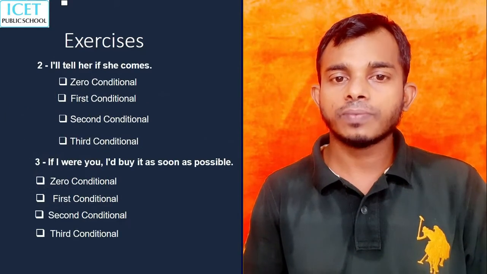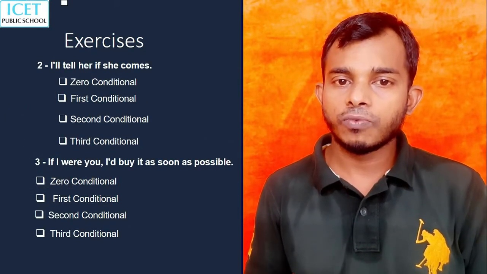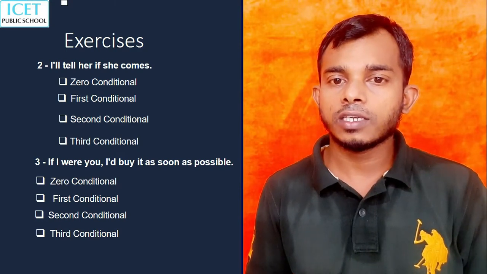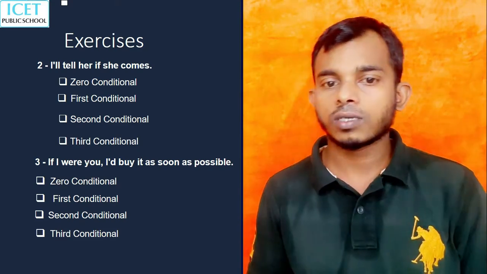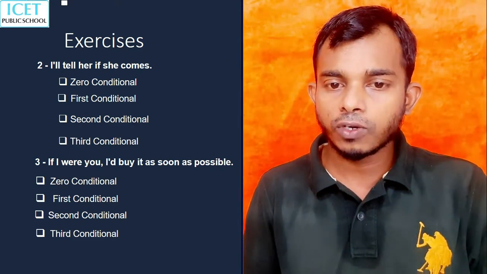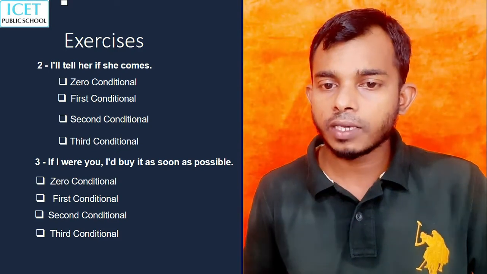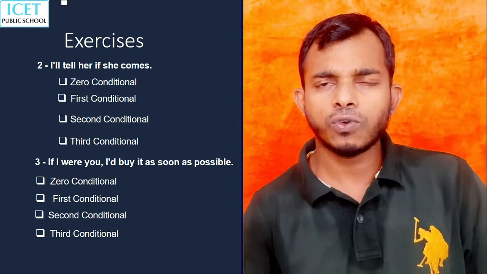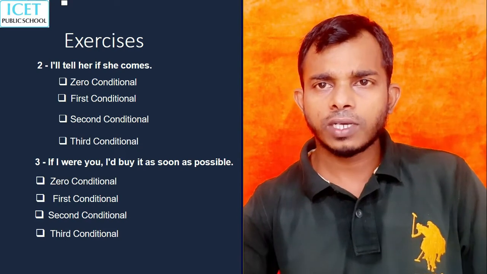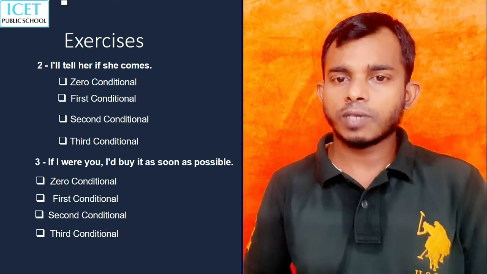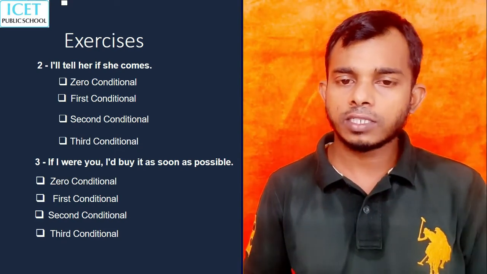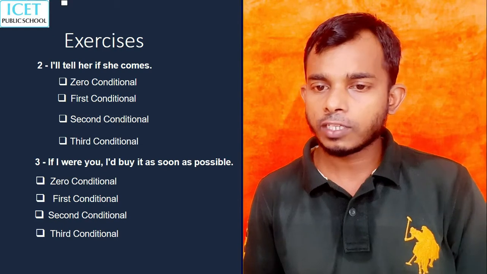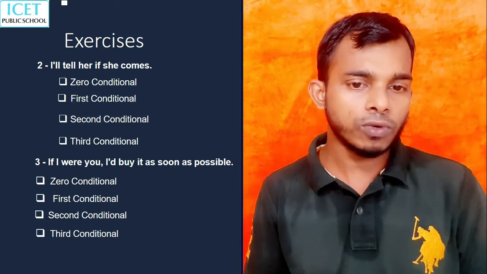The next one, I will tell her if she comes. Then, if I were you, I would buy it as soon as possible. One thing I forgot to tell you: if the if clause comes first, the sentence can also be, I would buy it as soon as possible if I were you.